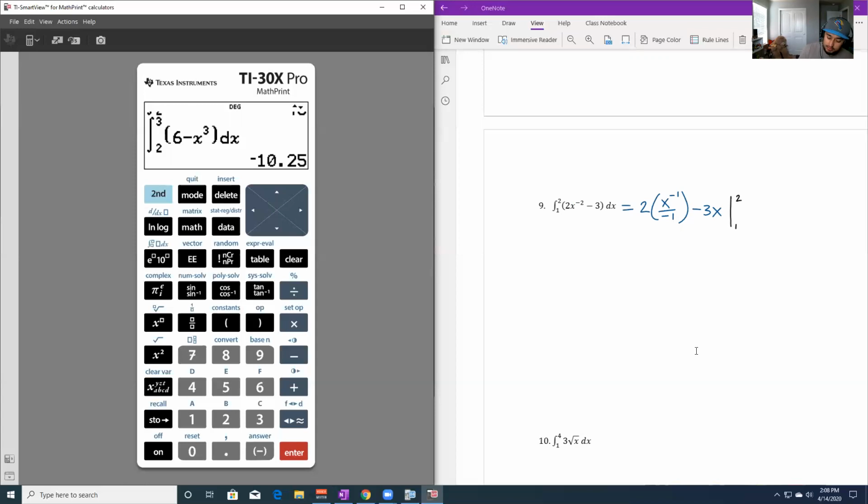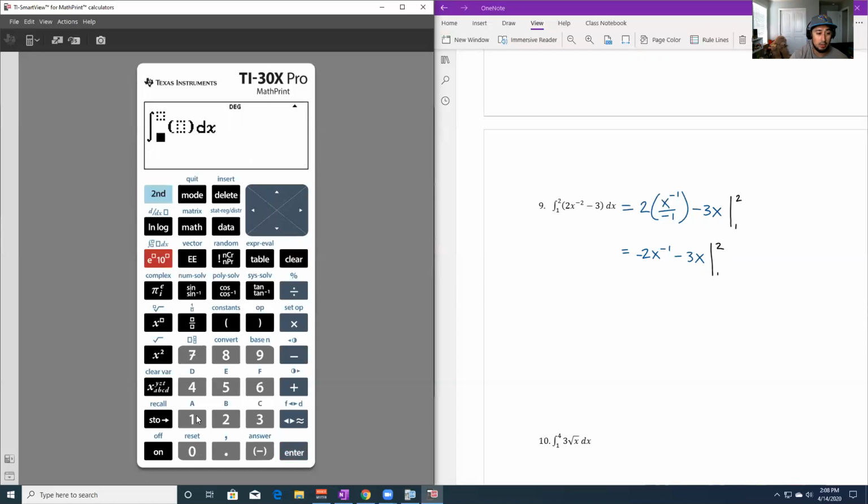Okay, so clean this up, and this becomes, not just 2, but negative 2x to the negative 1 minus 3x from 1 to 2. Okay, like I said, once the fun part's over, you can now type this in your calculator to get the exact answer. So clear that.